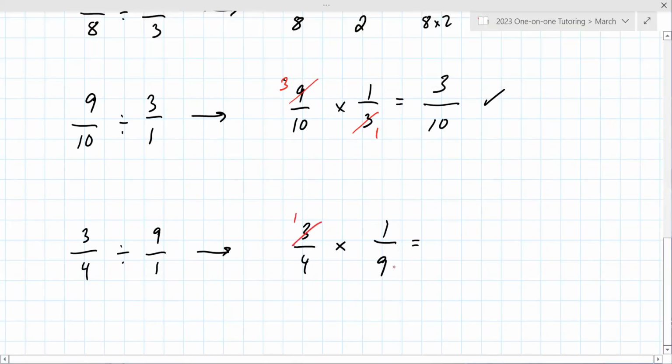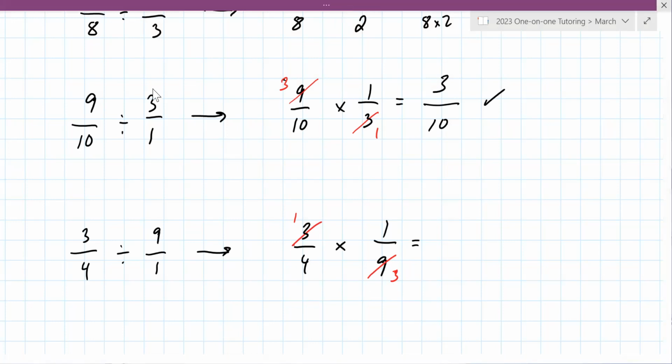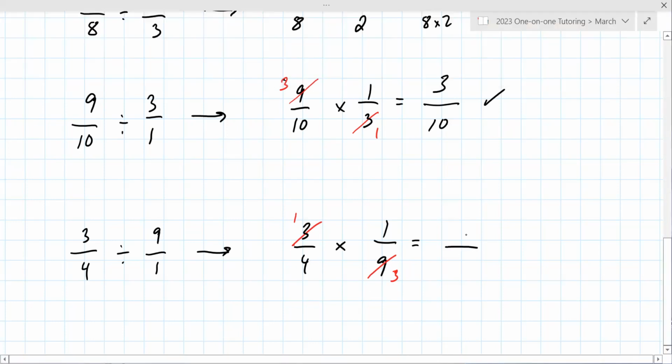Yep. You divide them both by 3. You can just show this new number here. You don't have to actually show the division, you just put the result. Now, just multiply the tops, multiply the bottoms. And then that would become 1/12. 1/12. Yes.